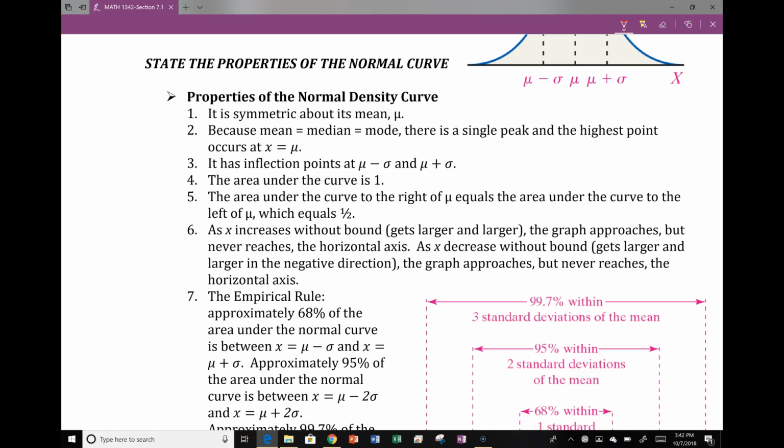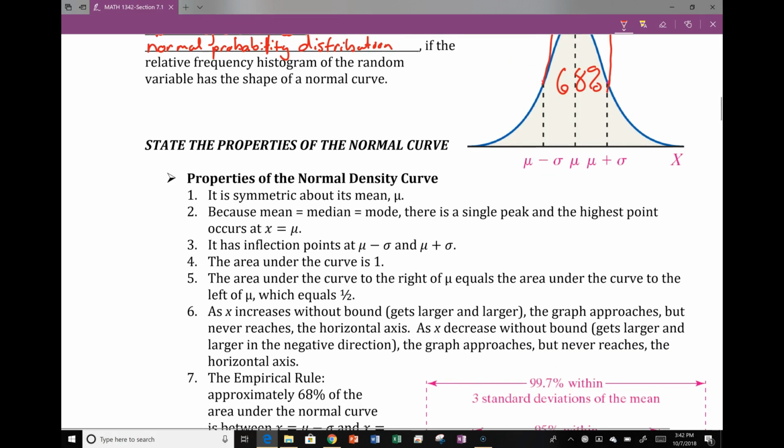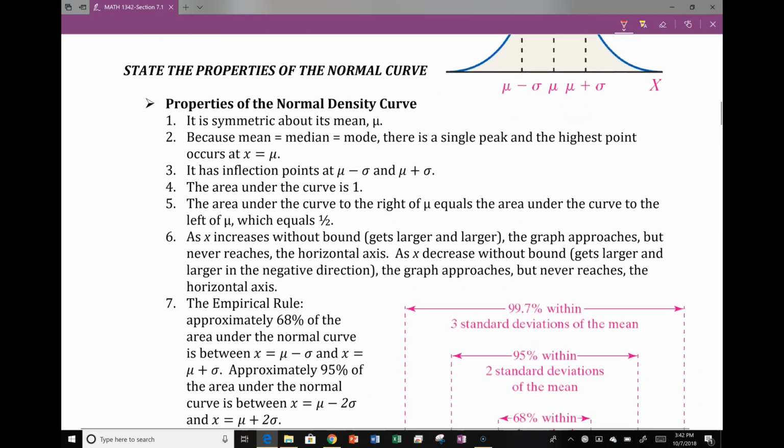If the mean was less than the median, it would be skewed left. Well, in a normal or bell-shaped curve, those things are going to be equal to each other. It has inflection points at mu minus sigma and mu plus sigma. So these points right here are what we consider inflection points.